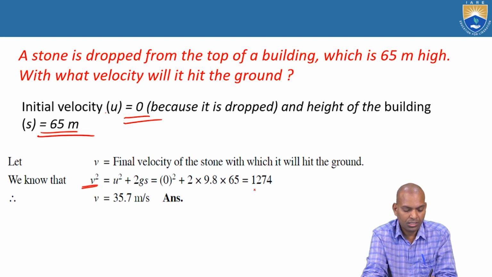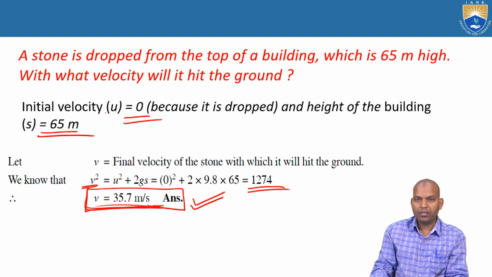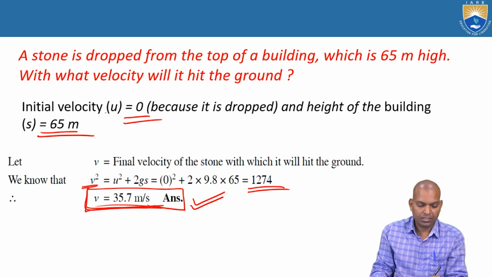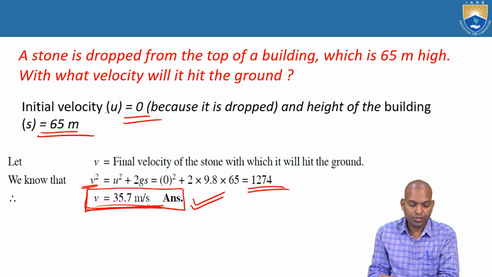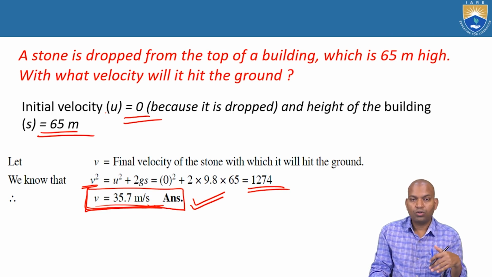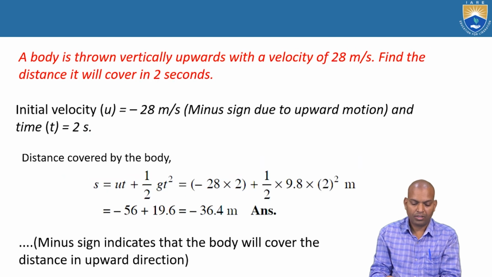After substitution, v² = 1274, so v = 35.7 meters per second. That is the final velocity with which the stone hits the ground.